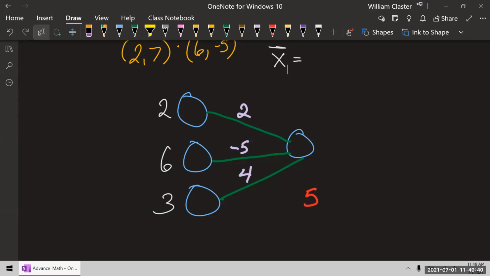X vector. Okay, let me ask somebody else. How about Takai? Can you give me the x vector? So is it 5, the one in red? Is it 5? No, that's the threshold. Okay, how about Elizabeth? Can you hear me?